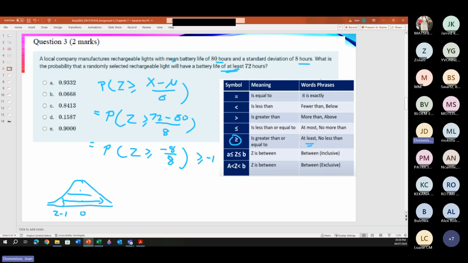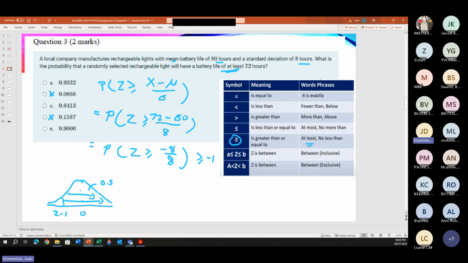So we know already that is 0.5. So we need to make sure what is the bigger area, but I already know I'm working with a number bigger than 0.5. So option B is not the option. Option D is not the option because my probability needs to be bigger than 0.5.